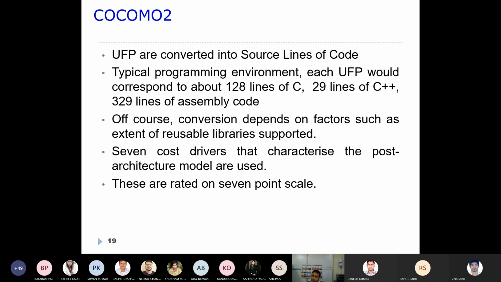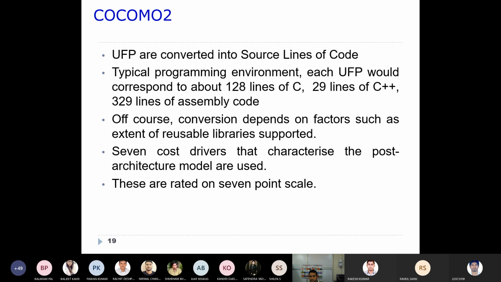In the past, when we went through function points, I told you there are 14 parameters as cost drivers. Similarly here, we have taken 7 cost drivers for characterizing the post architecture model. The post architecture model is simpler, so here we take 7, not 14. These cost drivers are rated on a 7-point scale.